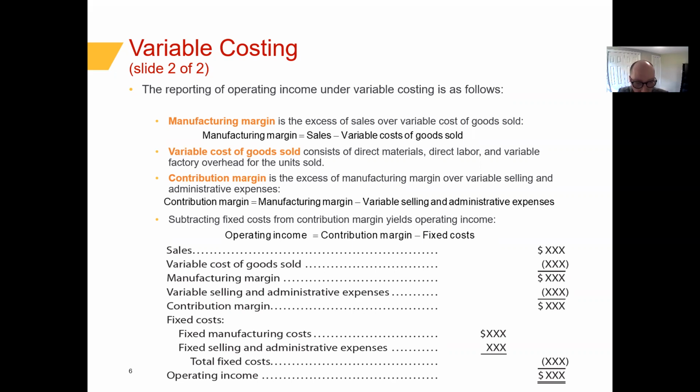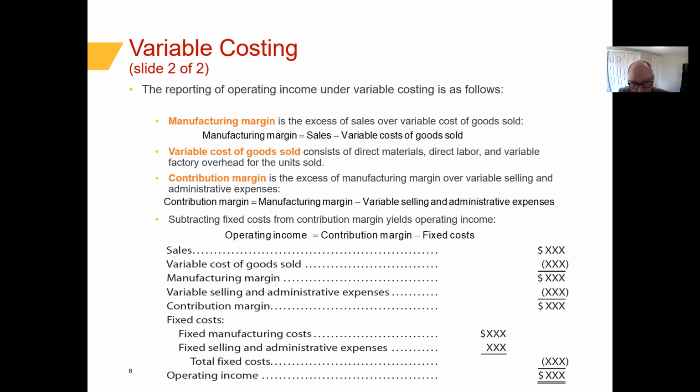And we also have our fixed selling administrative expenses equals total fixed cost. So we have contribution margin minus our total fixed costs equals our operating income. And this, my friends, is how the variable costing reports under operating income.